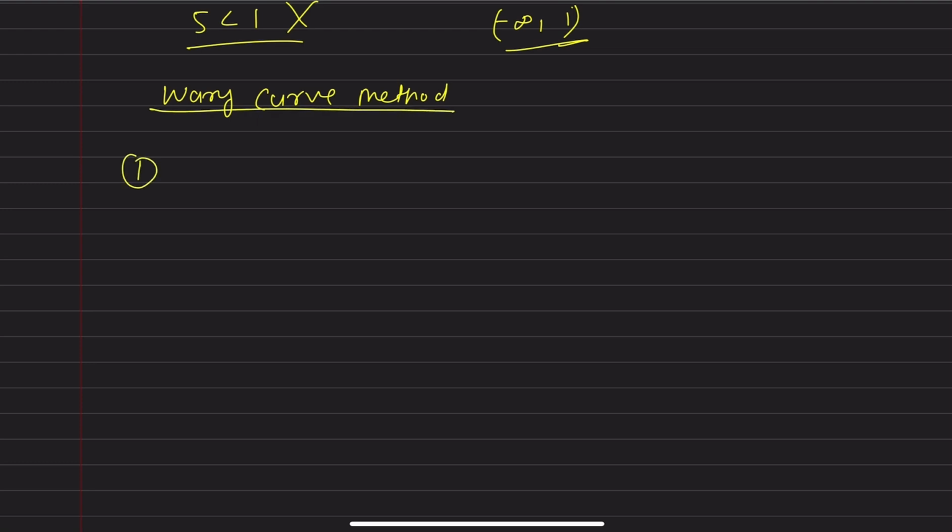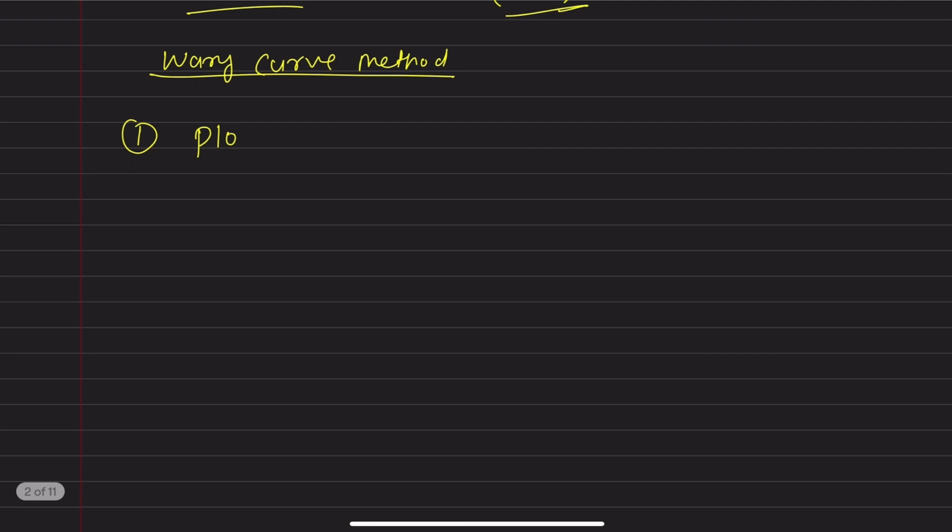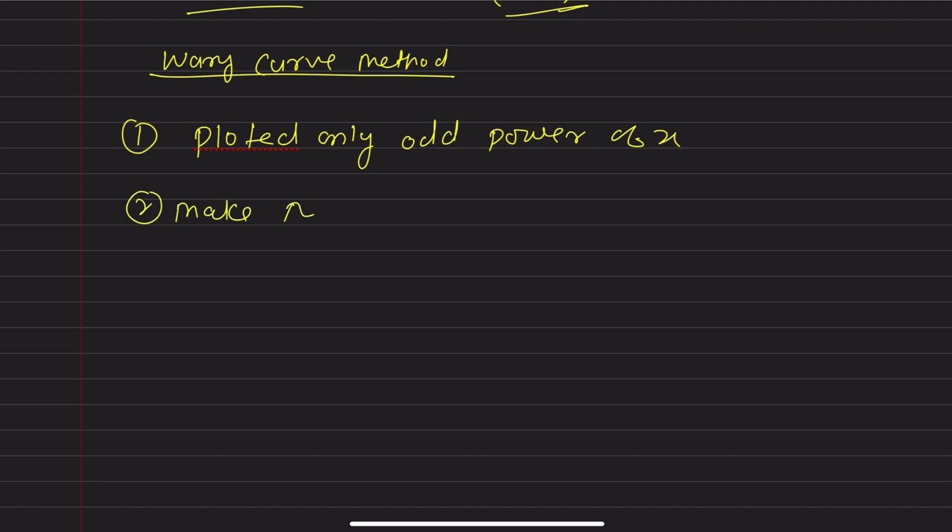First of all, what do we do? We plot only odd powers of x. Let me write the rule, and using this rule we'll solve some questions and it will be clear to you. So, plot only odd powers of x. Second, make the coefficient of x positive.